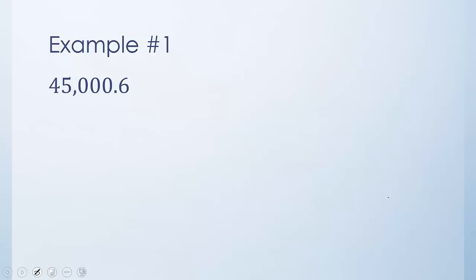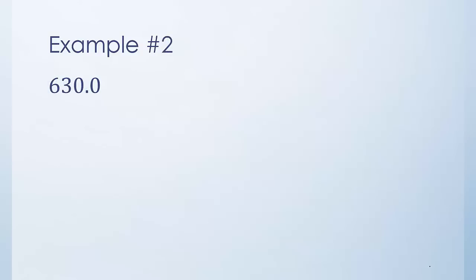Alright, let's try some examples. Our first example here is 45,000.6. This, if you remember, goes back to rule number 2. This 4 is significant, the 6 is significant, therefore everything in between is significant. And we have 1, 2, 3, 4, 5, 6 significant figures.